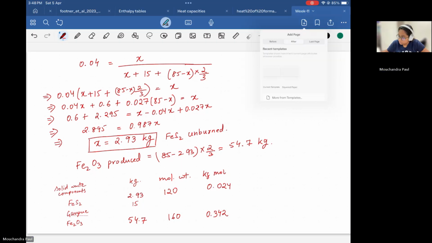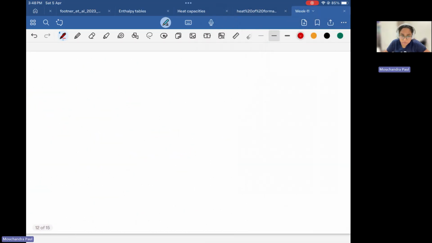Now, you know the amount of FeS2 that is unburned, and that means it is part of the waste. So what is the amount of FeS2 that has burned or oxidized?